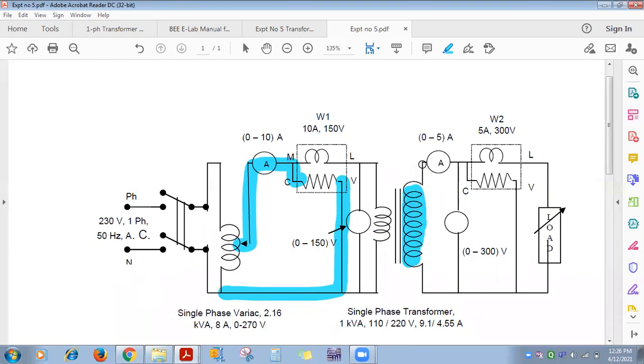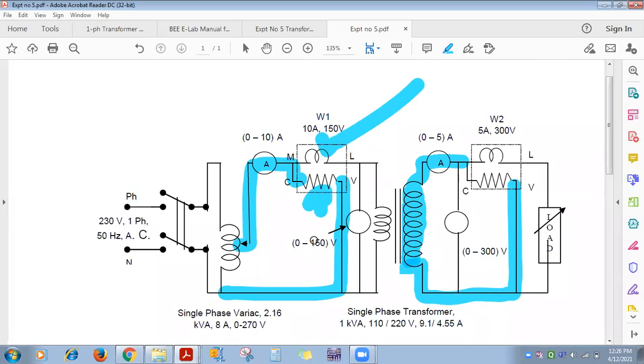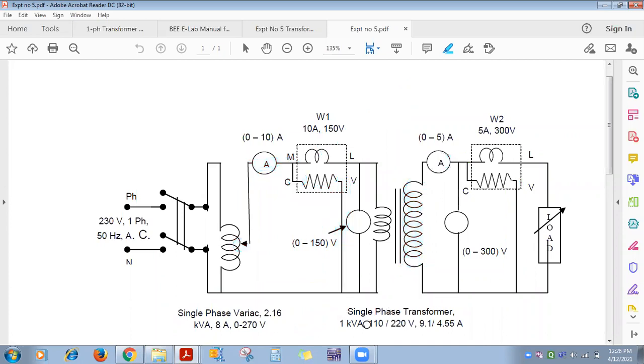That mutually induced EMF completely, whatever it is, which remains throughout constant, is applied across the pressure coil. See here, like this wattmeter you have to connect always, so that its current coil should carry the load current, and its pressure coil across it must be the supply voltage. Now if you observe here, this is the 110 volt you have to apply on primary, single phase AC everywhere.